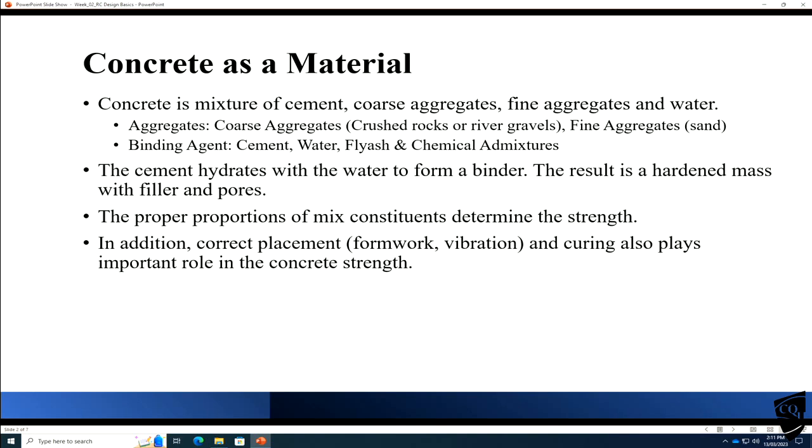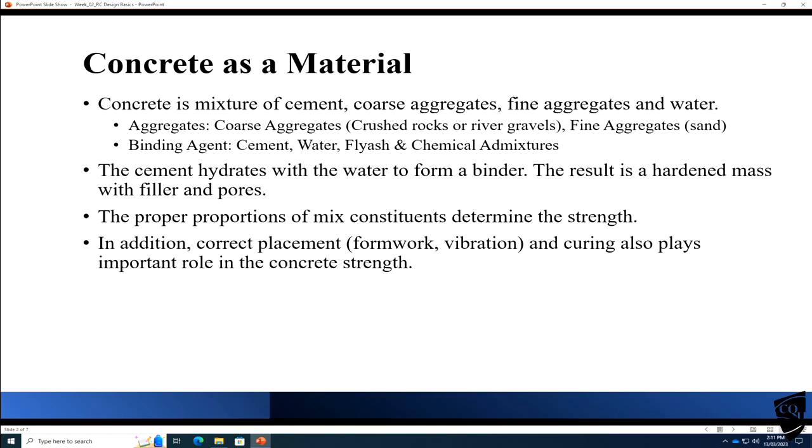Okay. So we need to make sure we have a correct mix proportion to get the appropriate strength.